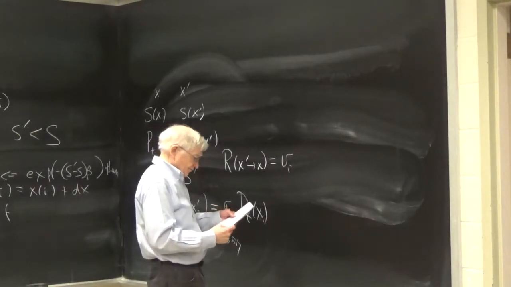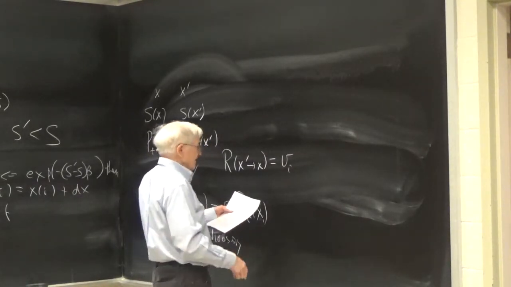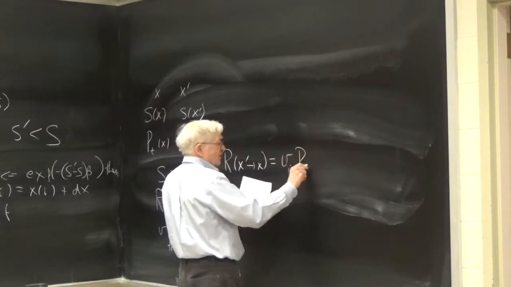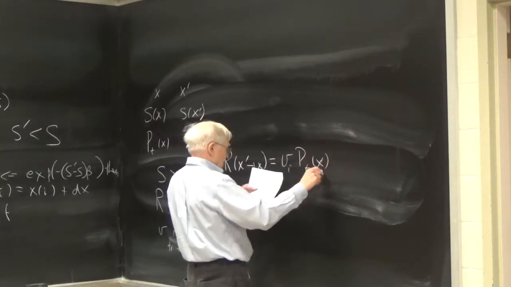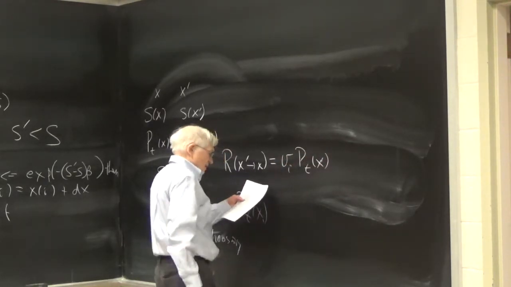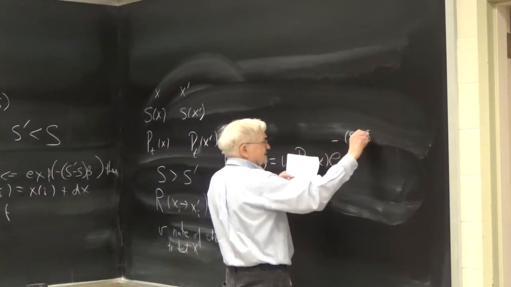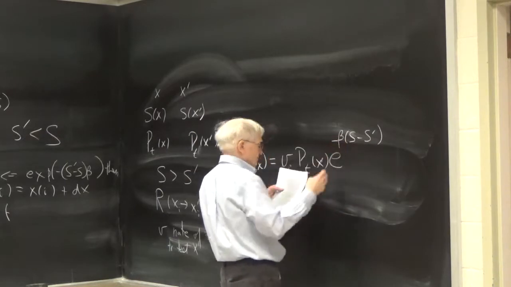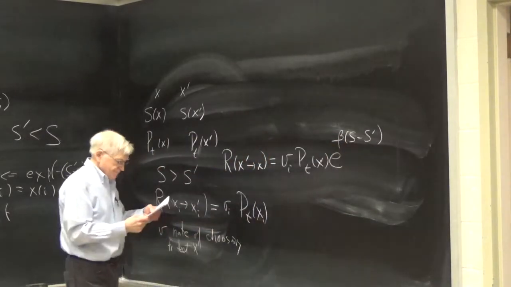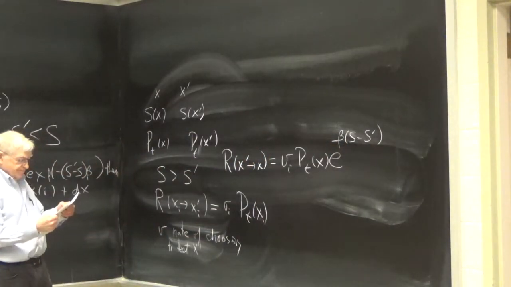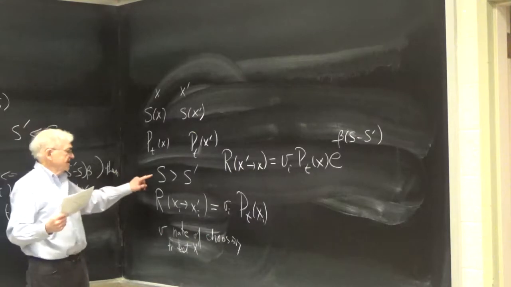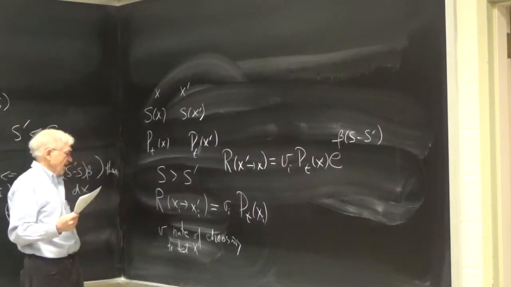And the reverse rate then is the probability that you would be at x prime, but now it's e to the minus S prime times beta. So here what I've been assuming is that S is greater than S prime.